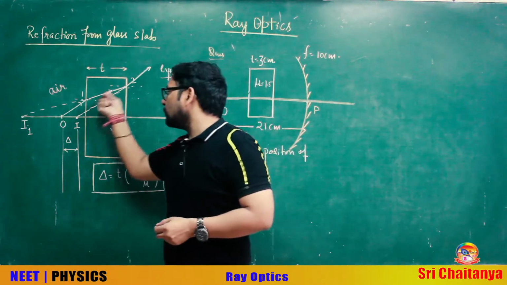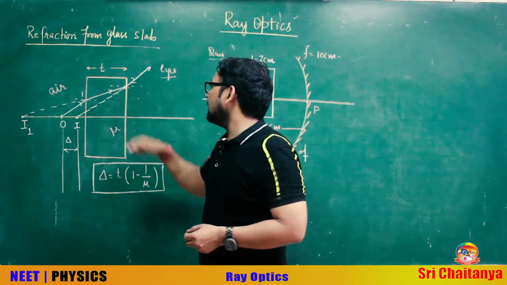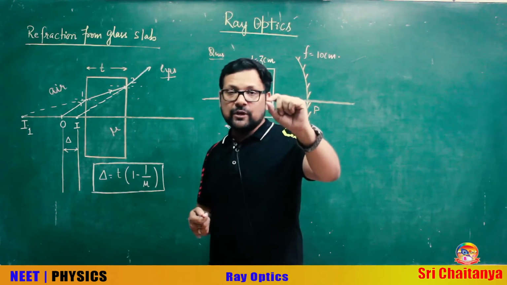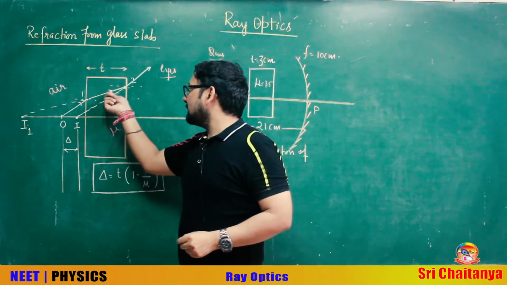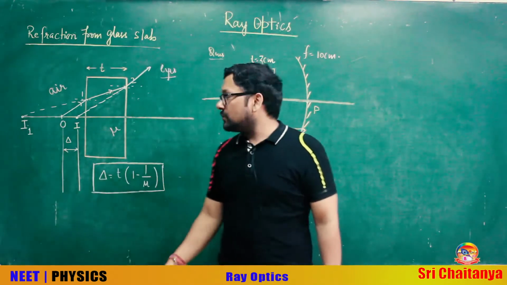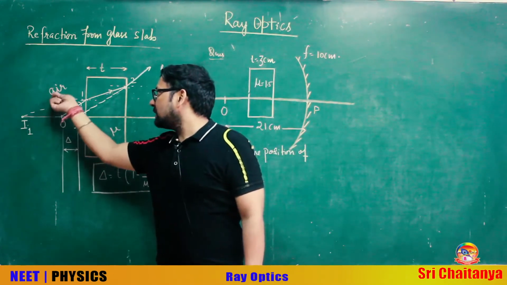So for the second refraction, I1 is the object, and this ray, say at 2, is incident in the glass slab medium, that is mu. Although this ray is coming from I1, if I ask you what the medium for I1 is, you cannot say I1 is in air.